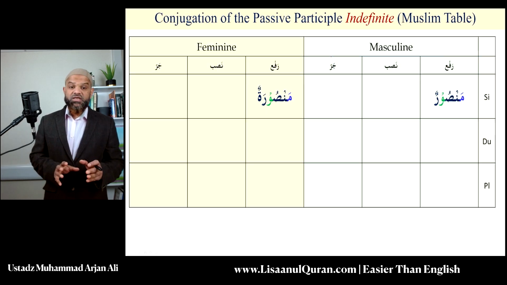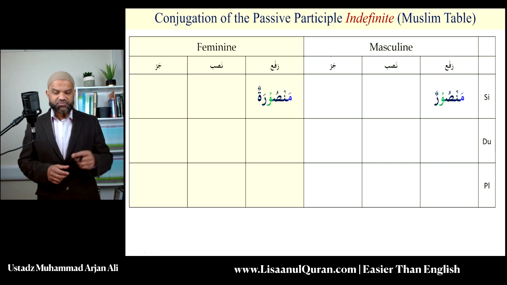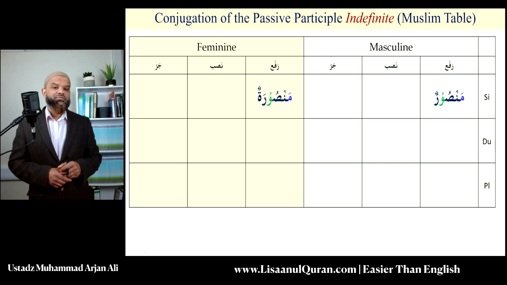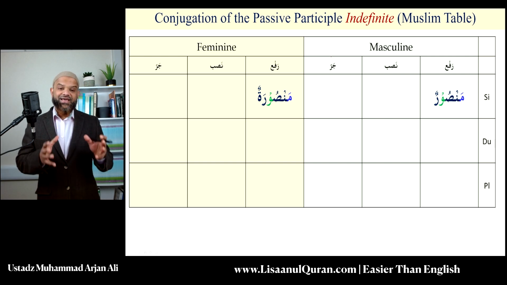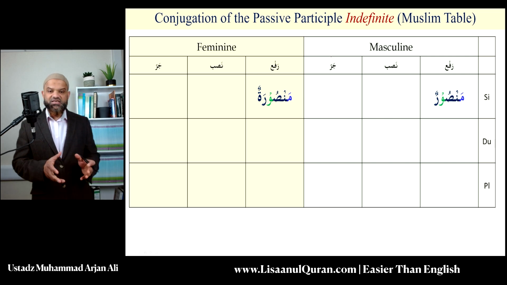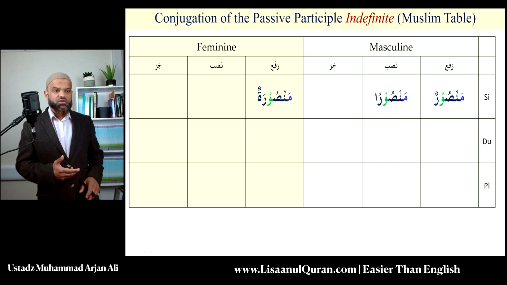Exactly what we did with fa'ilun, nasirun, the active participle, we can do exactly the same thing with the passive participle also. So we can form 18 words. And again, please look how easy it is. And you can see, inshallah ta'ala, we have here mansurun, mansuran, mansurin.